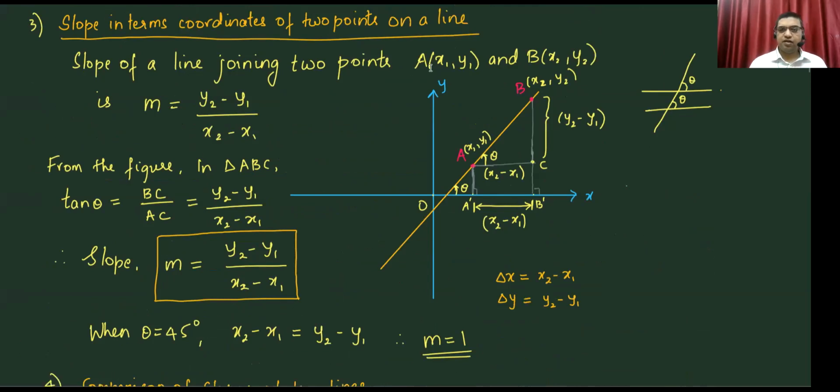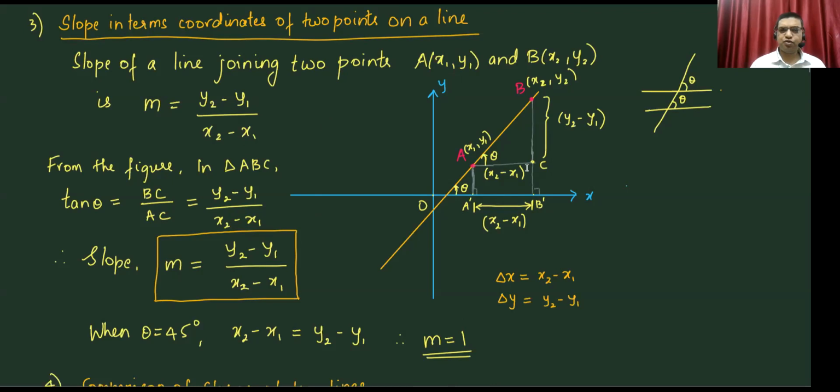If the slope of a line joining 2 points, A (x1, y1) and B (x2, y2), is equal to m, which is y2 minus y1 by x2 minus x1, or y1 minus y2 by x1 minus x2. That order should remain the same.